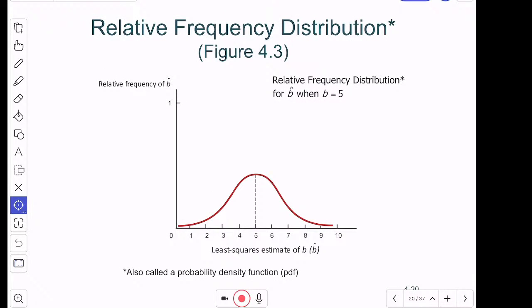Okay, so what is this all leading to? The fact is that our estimate for B is one value from one sample, but that result comes from a distribution of possible outcomes, of possible B's. So this is the relative frequency for that estimate.